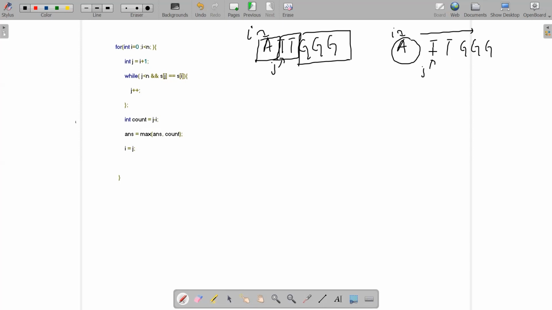Right now I see that the jth character is not equal to my ith character. So I kept a count initially at 1, since inside my substring I'm already having the ith character, and we have a max value, which is the max length of the substring having the greatest number of same elements.